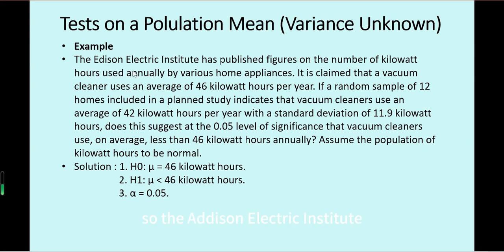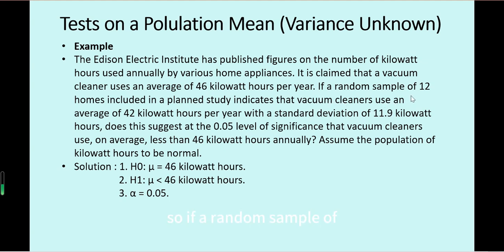The Edison Electric Institute has published figures on the number of kilowatt hours used annually by various home appliances. It is claimed that a vacuum cleaner uses an average of 46 kilowatt hours per year.